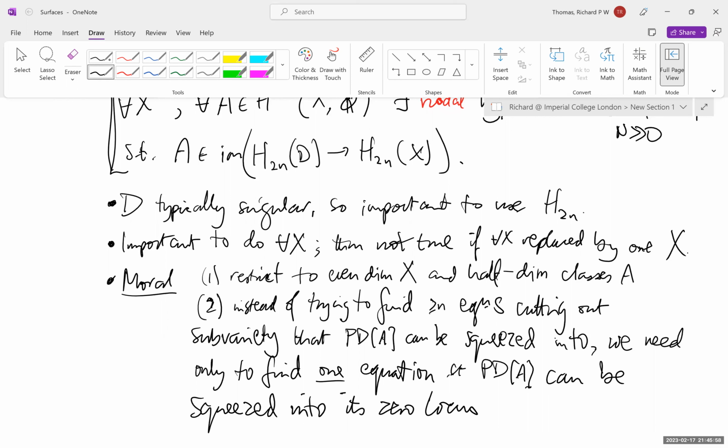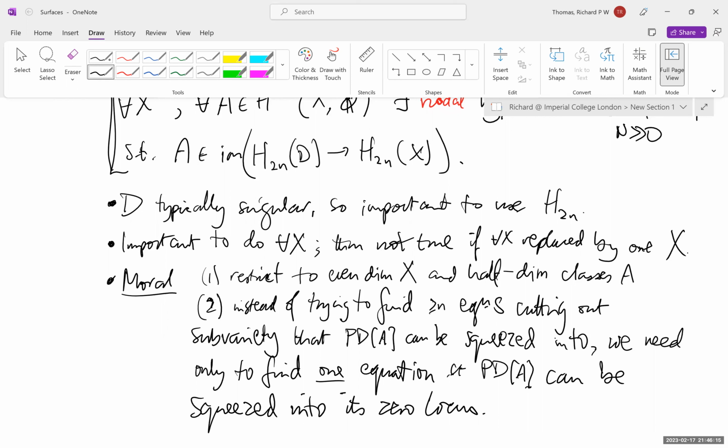Okay, so we only have to find a hyperplane. We've only got to find one equation, and that will then be global. Hypersurfaces are cut out by one global equation, by a section of a line bundle. They really are global complete intersections.